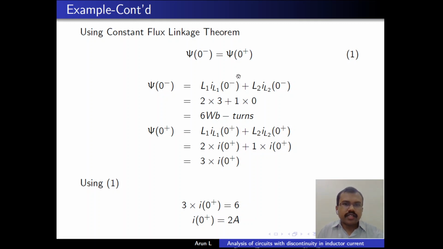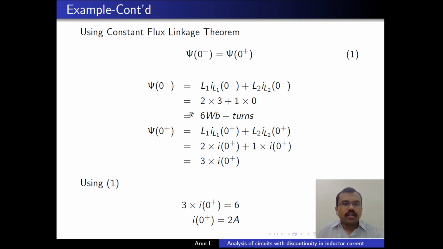So we can write psi(0-), that is the total flux linkage before the switch is opened, is equal to psi(0+), that is total flux linkages after the opening of the switch. Flux linkages can be calculated by taking the product of inductance and the current flowing through that inductor.